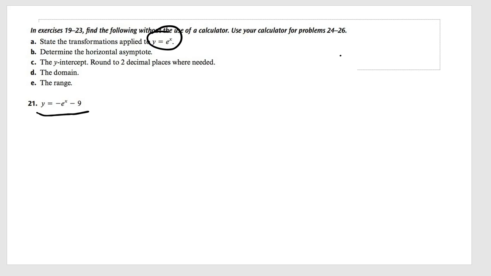So we can see, first of all, there's a minus 9. When you have a number by itself, that's telling you up or down. So that's going to tell me to shift down 9 from my basic function. Next, I notice that there's a negative in front of the function. When there's a negative out in front, I know it's going to be a reflection across the x-axis.